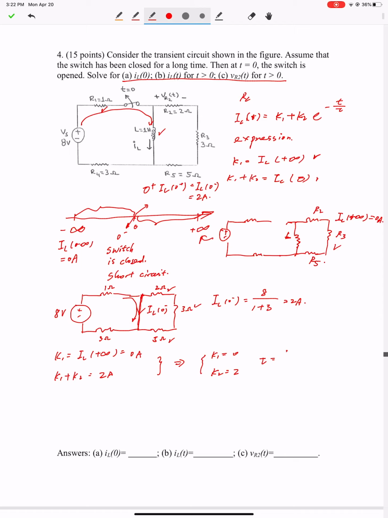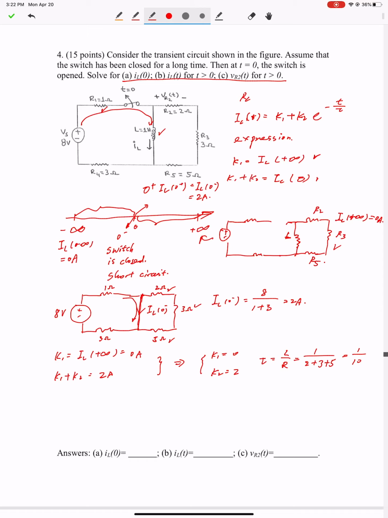So tau equals L over R. The inductance is 1 henry. R should be the overall resistance of R2, R3, and R5, a series combination, so we just need to sum them together. That should be 2 plus 3 plus 5, which equals 10, so tau is 1 over 10.